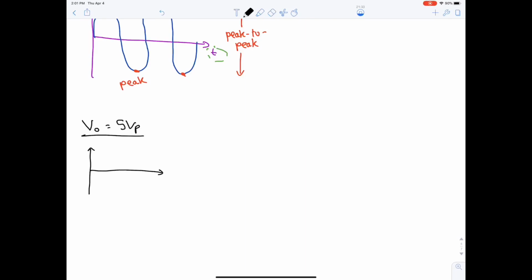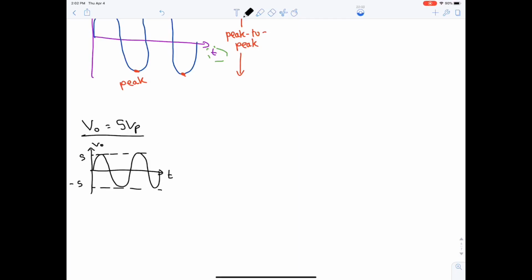We go and write V output on the y-axis, time on the x-axis, and 5 on the positive peak and -5 on the negative peak.